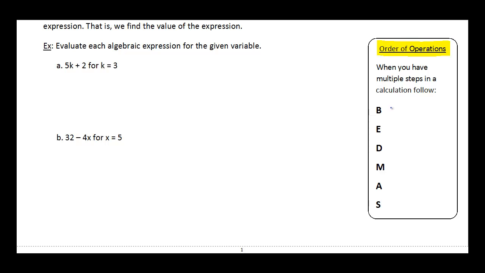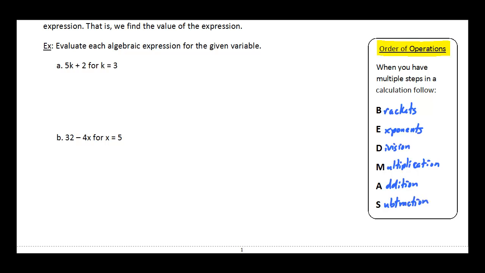BEDMAS is an acronym and it stands for brackets, exponents, division, multiplication, addition, and subtraction.